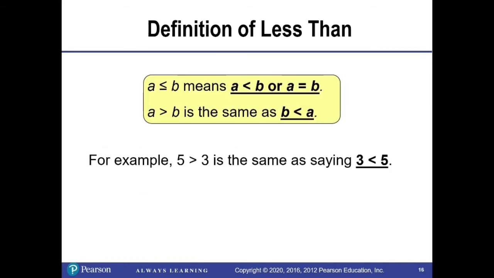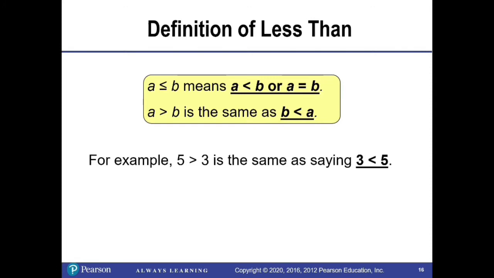On the screen, we're going to talk about a couple more symbols. So first, we have the less than or equal to. This means that A could be less than B, or it might be equal to B. We also have the greater than symbol. A is greater than B is the same as B is less than A. You may have heard in elementary school that the alligator always opens his mouth to eat the bigger number.